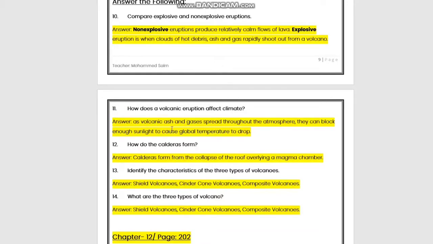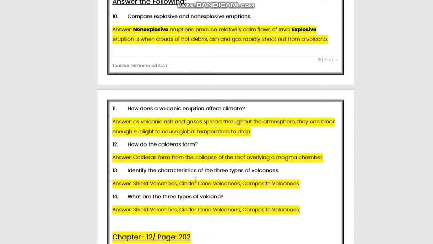As volcanic ash and gases spread throughout the atmosphere, they can block enough sunlight to cause global temperature to drop. Next question. How do calderas form? Calderas form from a collapse of the roof overlying a magma chamber.